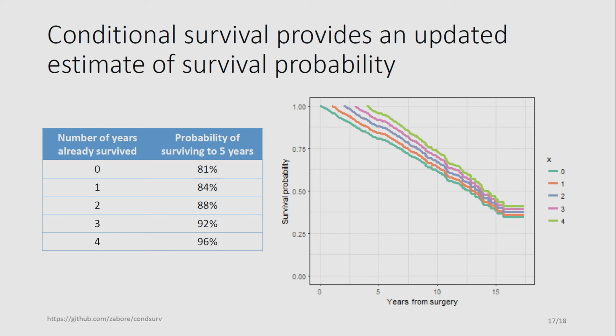If we do this in our example, the table on the left-hand side has the number of years already survived from 0 through 4, and then we're interested in the probability of surviving to 5 years. So for someone at baseline, at time 0, that's our estimate of 81% of surviving for 5 years. At 4 years, this would be the probability of surviving just 1 additional year, and you can see that these estimates of survival go up as time goes by.